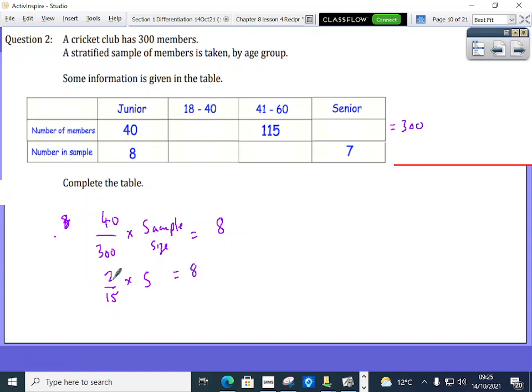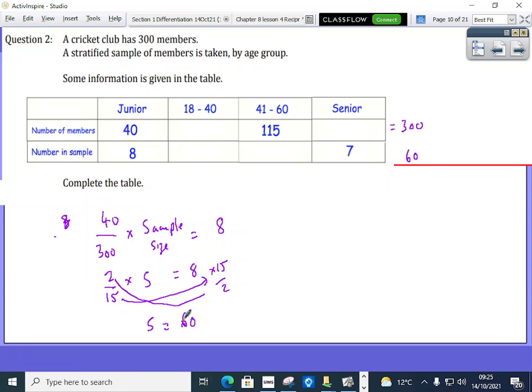So if I take that to the other side, divide by 15, the opposite is times 15, and then the opposite of times 2 is divide by 2. So 8 times 15, and then I share it by 2, I get 60. So my sample size is going to be 60.